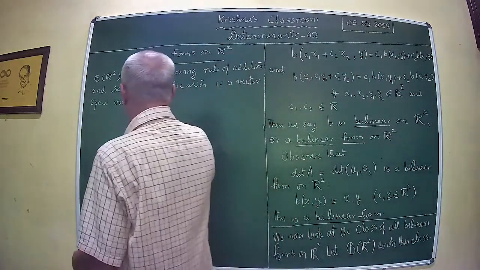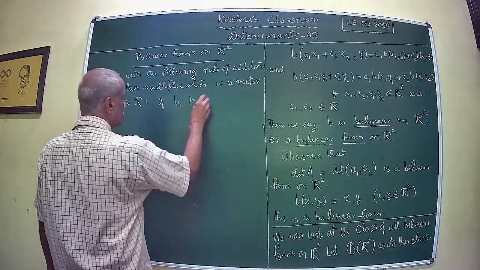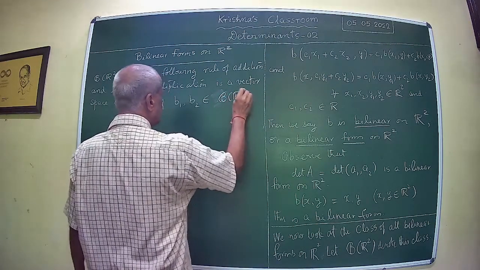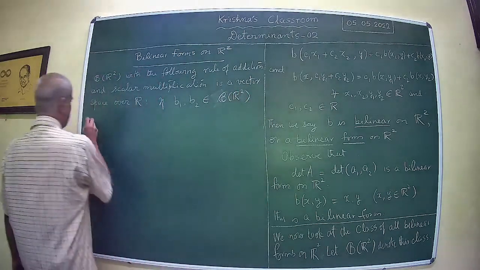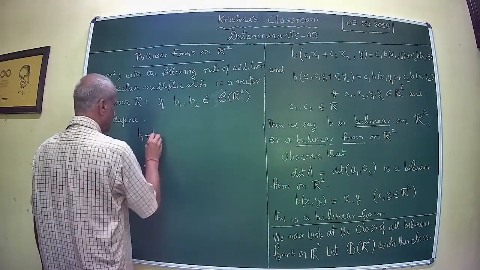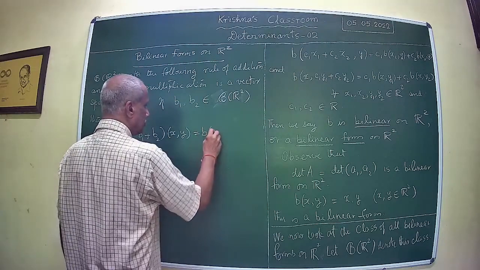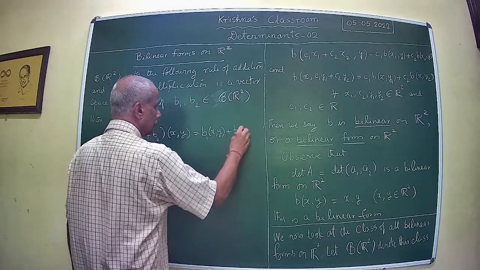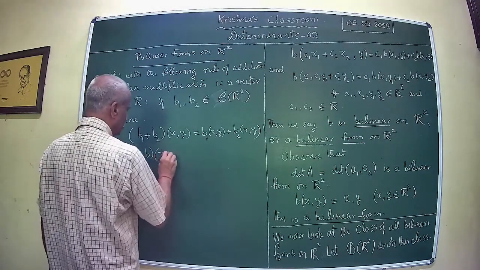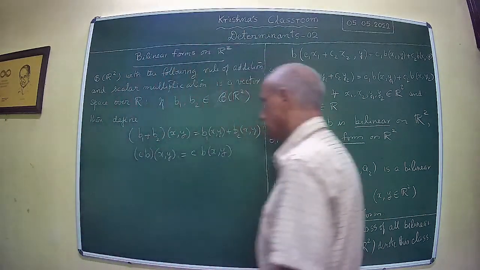Now we will define the addition. If B1 and B2 are bilinear forms on R2, then define B1 plus B2 and cB. It's clear what it is.